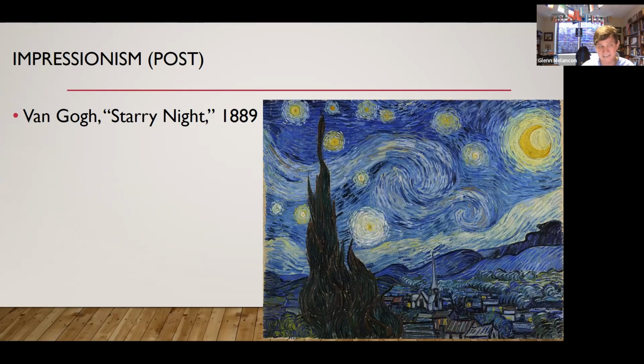You can also see this clearly in Van Gogh's Starry Night. This was a capturing of a scene in southern Provence. You see the village in the background. You see the tall pine tree in the middle. In the sky, the lights in the sky.